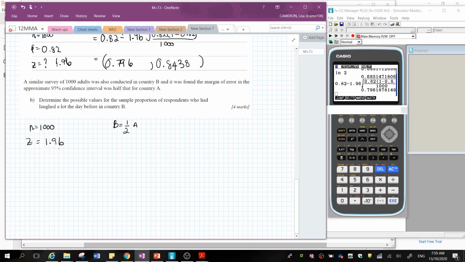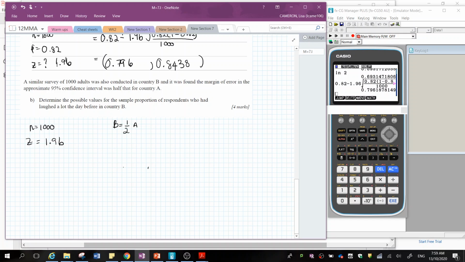Now, confidence intervals, the margin of error in a confidence interval is the second part of the equation. So really we're looking at this bit here, and we just want to enter it in with our new section.